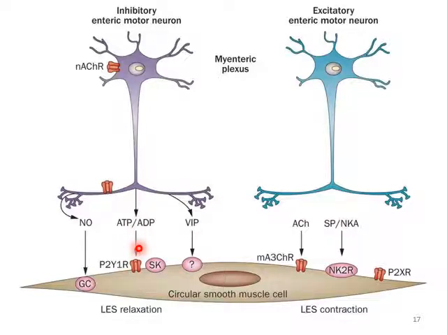Now you know that ATP is usually an inhibitory neurotransmitter, so it is causing inhibition. And then you have excitatory enteric motor neuron, which usually through the transmitter release, for example substance P, it is going to cause excitation, and this leads to the contraction.